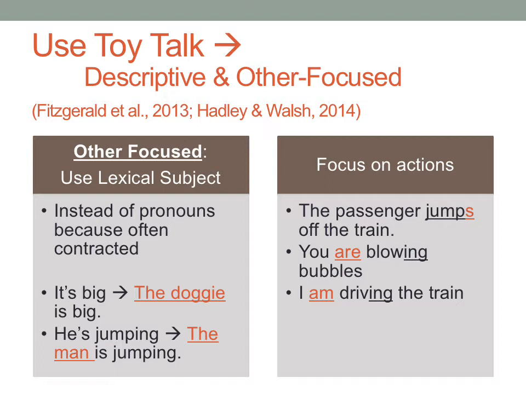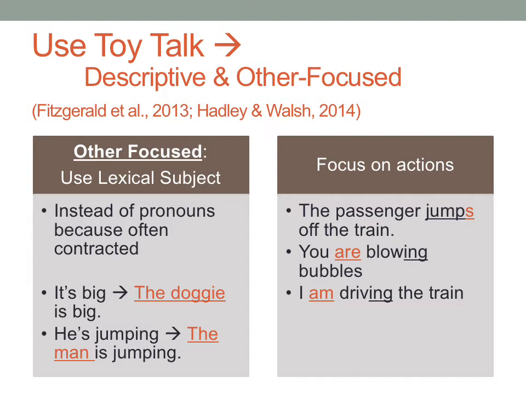Or a demonstrative pronoun, we are labeling the doggy. So the doggy is big. We are less likely to contract those lexical subjects. Instead of he's jumping, we say the man is jumping.